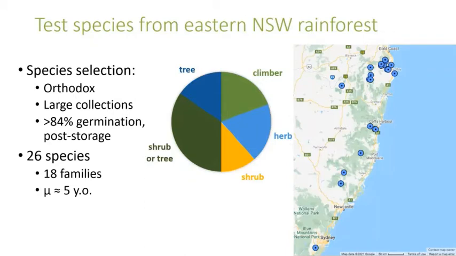To assess rainforest seed longevity, we use material from the Australian Plant Bank Seed collection. We selected species which were orthodox, for which large collections were available, having a minimum 84% germination post-storage. 26 species were identified from 18 families, and at the time of testing they had an average age of 5 years old. The species selected included trees, climbers, herbs and shrubs, and they were all collected from rainforest habitats along the east coast of Australia, from the Queensland-New South Wales border, just south of Sydney, from cultivated collections at the Australian Botanic Garden, Mount Annan.